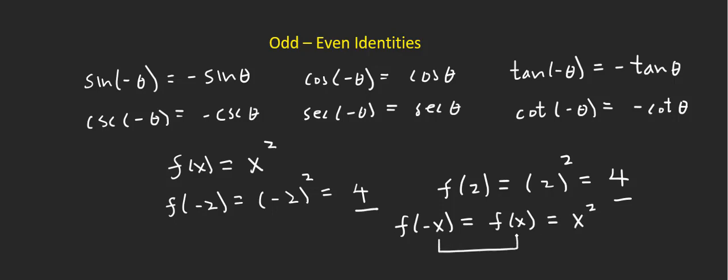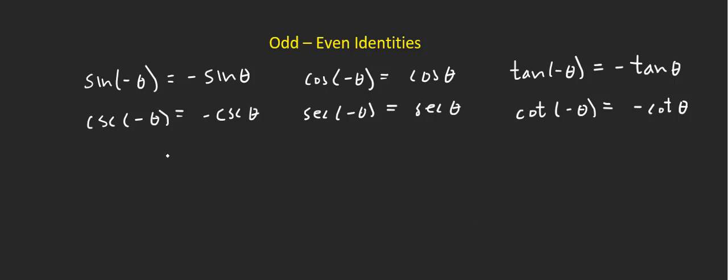That's the property of an even function: f of negative x equals f of x, meaning it doesn't matter whether you put negative 2 or negative 3. For example, f of negative 3 will still be equal to f of 3. That's what happens to even functions.